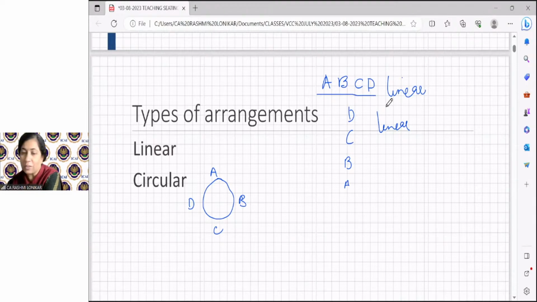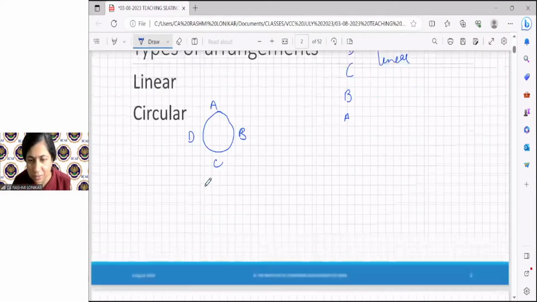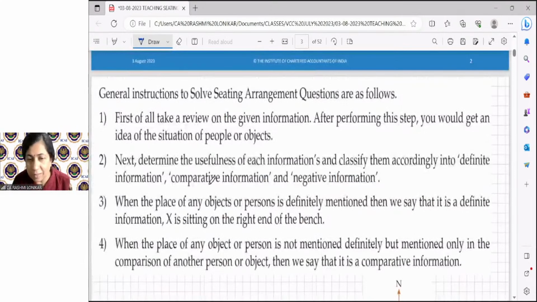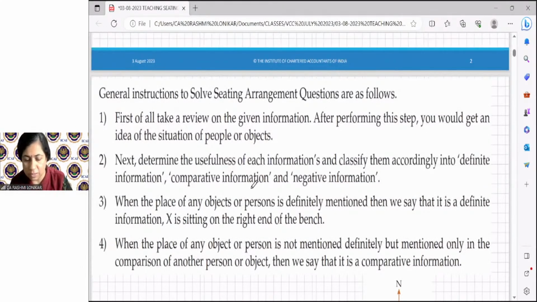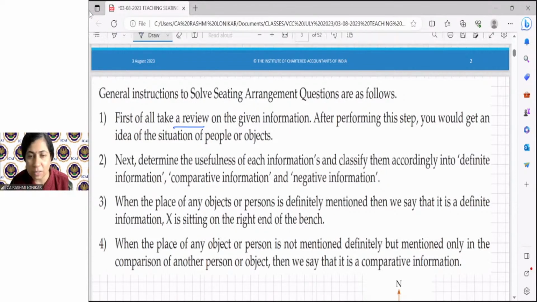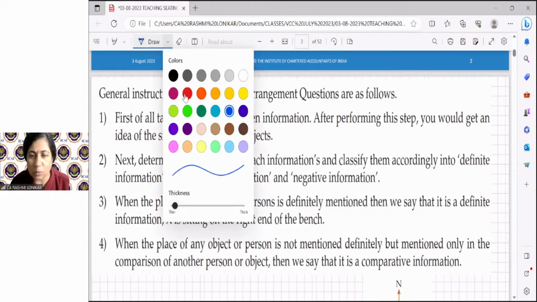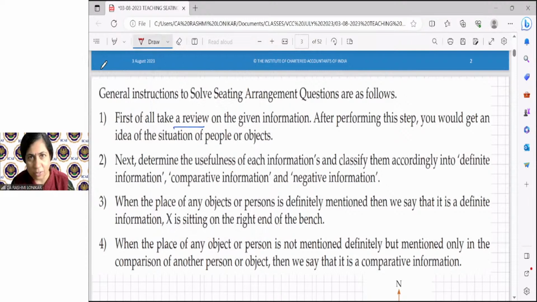So we are talking of arrangements. The first type is the linear type and the other type is the circular type. When you're solving these types of sums, you have to pay attention to what? First of all, take a review of the information given. That means first read the question once, just have a general reading, and then read it a second time.